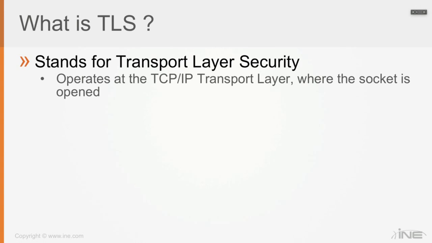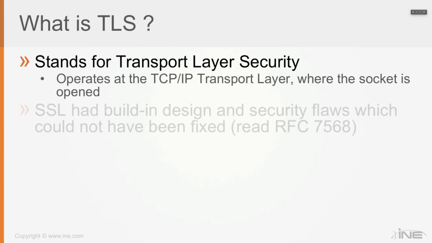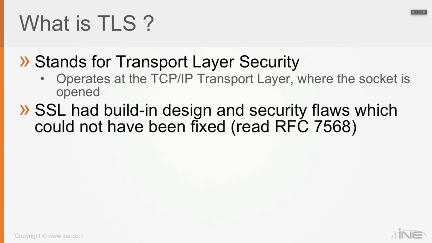Now, why did we come up with TLS? SSL had built-in design and security flaws which could not be fixed based on how SSL was designed. If you want more information on that, you can read RFC 7568. It's not a hard read, it's an easy read. It's a small RFC which just outlines a couple of the security problems and flaws of SSL.